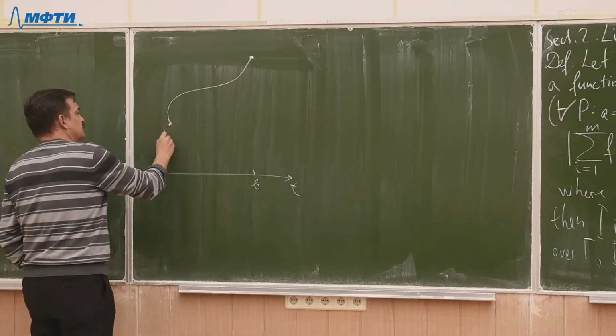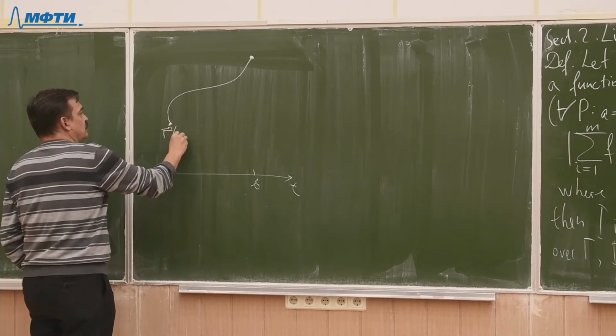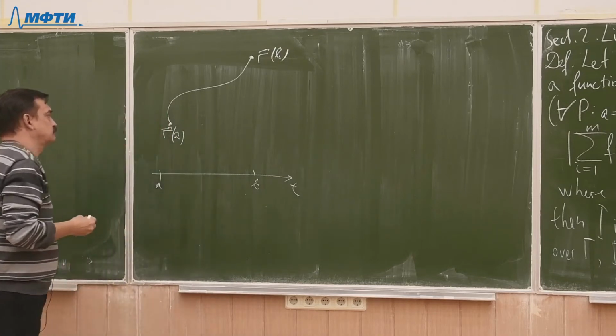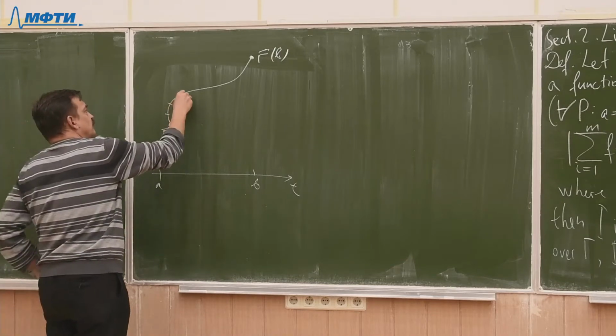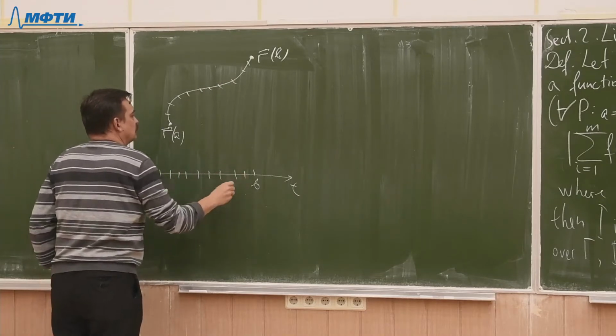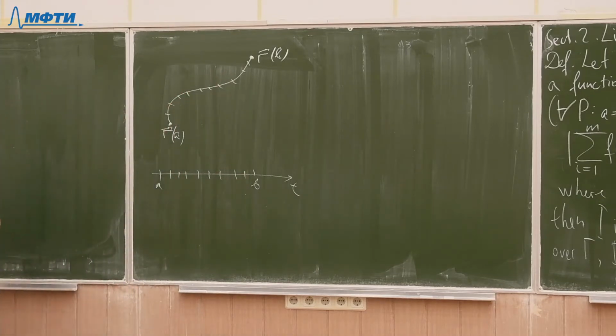Let it be r of a, r of b. Once again, we have a partition here, which gives a partition of our curve.